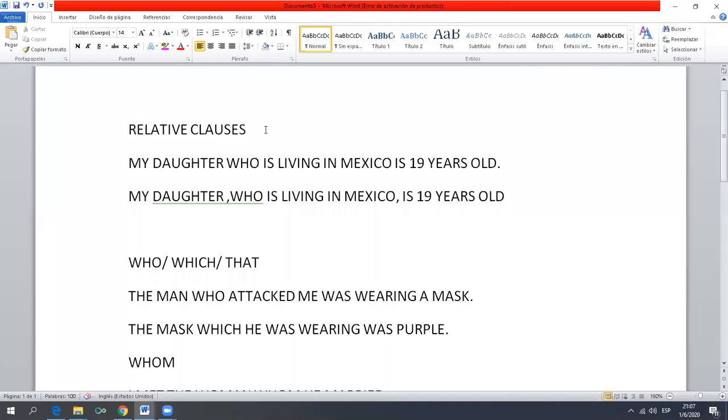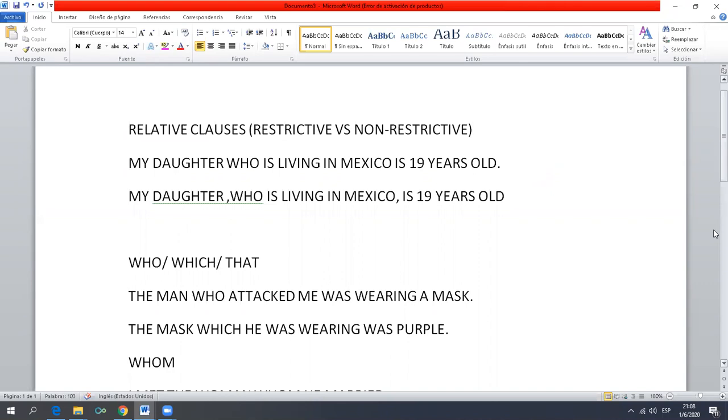So, when we talk about relative clauses, then we can subclassify them into defining and non-defining. Sometimes we also call this restrictive, okay, or non-restrictive relative clauses. Now we'll see why. Look at these two sentences.